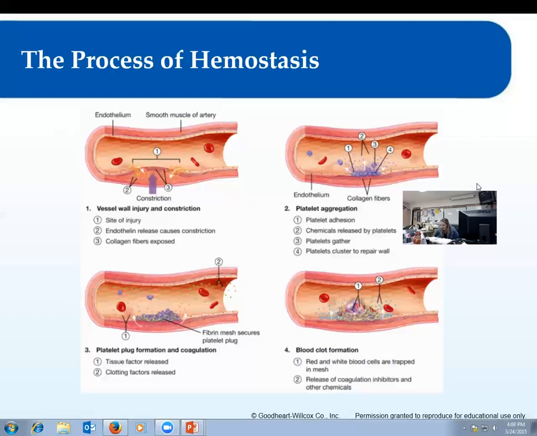In light of that, let me read this part for you. It says tissue factor activates 11 different clotting factors, or proteins in the blood. These clotting factors combine an enzyme called thrombin with the protein fibrinogen.